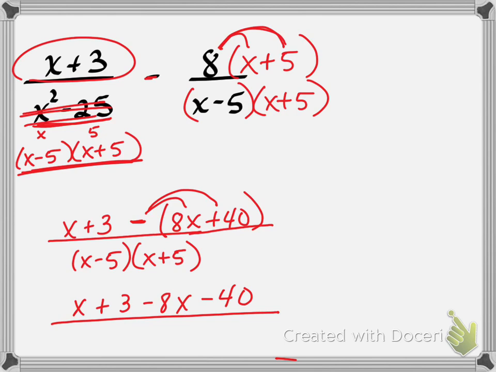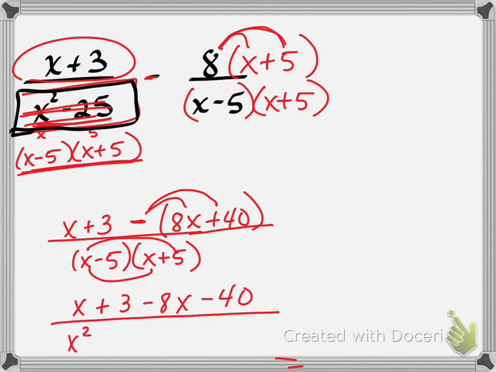Let's go ahead and FOIL this back. Or just remember how it started as x squared minus 25. I'm going to FOIL it back in case you didn't think of it. First, outer, inner, last.